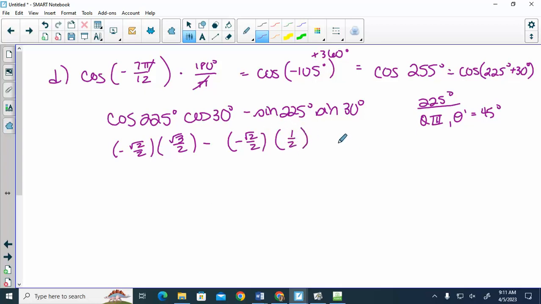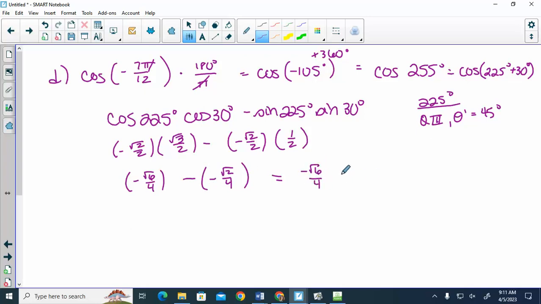Now, I have noticed a few problems with this. People want to distribute this negative first, but start by multiplying. So if we multiply these, I get negative radical 6 over 4 minus, if I multiply these, negative radical 2 over 4. And then minus a negative makes it positive.